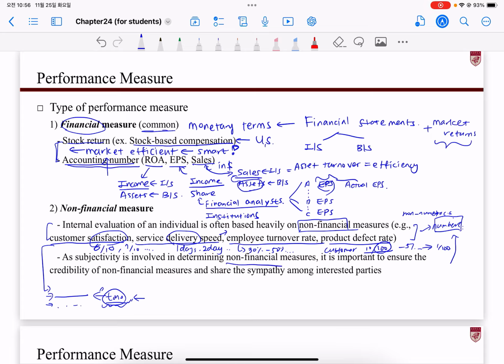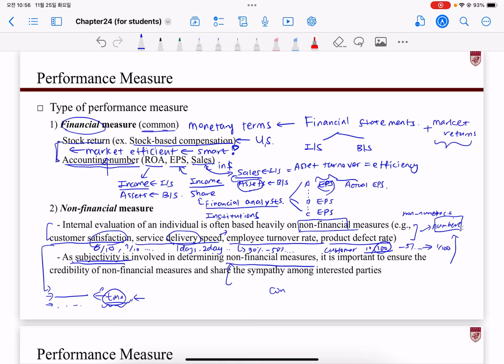As you see, non-financial measures are less rigid and less legit in terms of evaluating the company. There can be some subjectivity involved, right? And that subjectivity can lead to conflicts among employees.